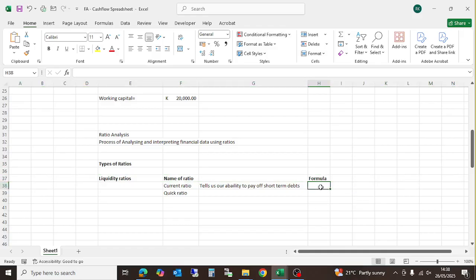The formula is: the current ratio equals current assets over current liabilities.